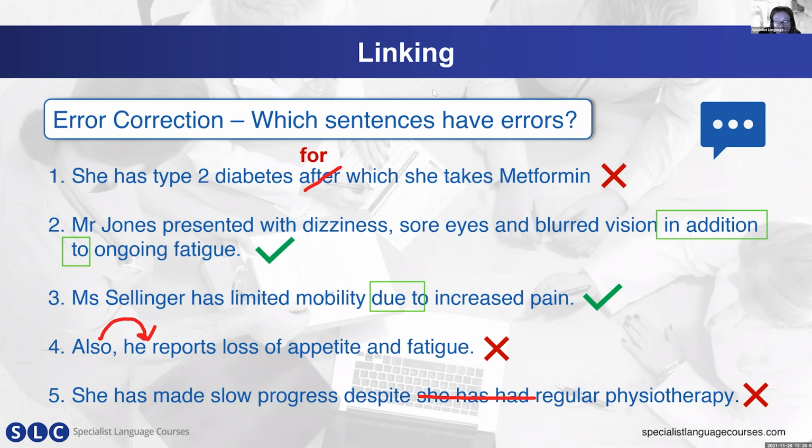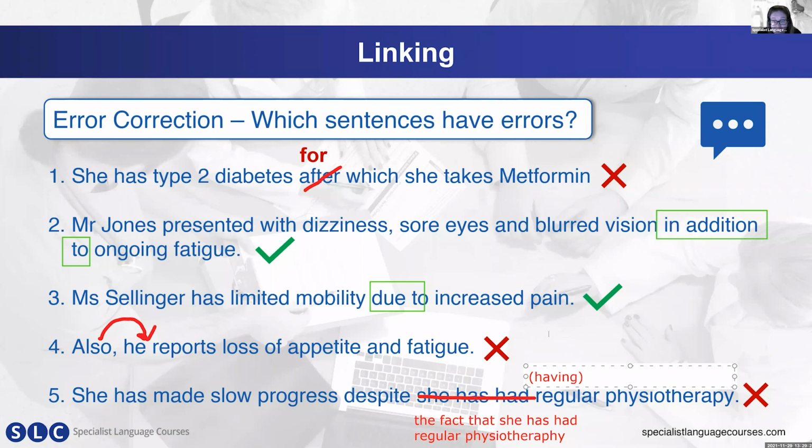Or we could also say despite the fact that she has had regular physiotherapy. But it's rather long. So I think the most concise and clear way to do it is despite regular physiotherapy, or despite maybe having regular physiotherapy.